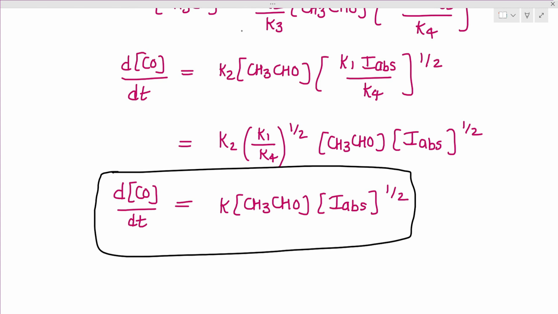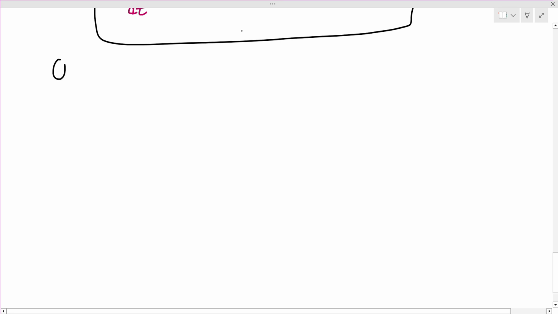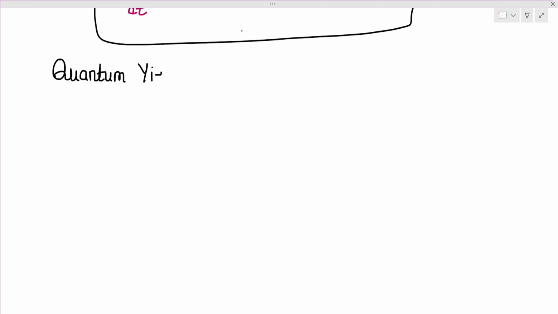One more thing, if you want to find out the rate value for any other, suppose you have to find out for methane or for C2H6, you can find out similarly. Okay, same thing you have to do, you can find out that also. Because sometimes in the question papers you may have asked in another way.